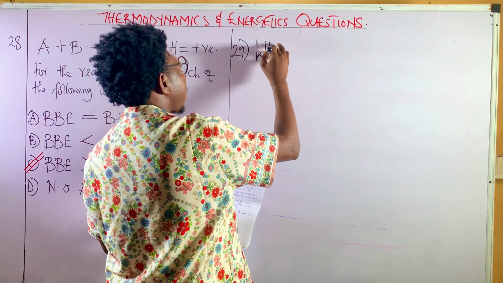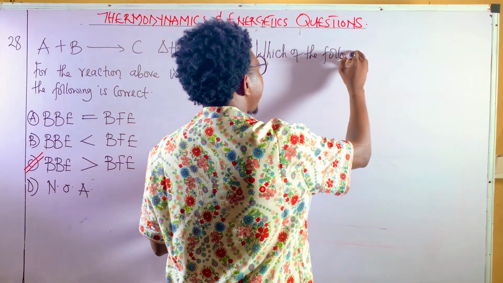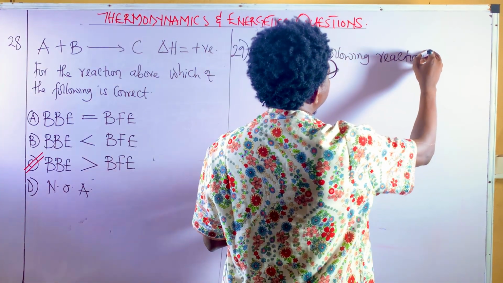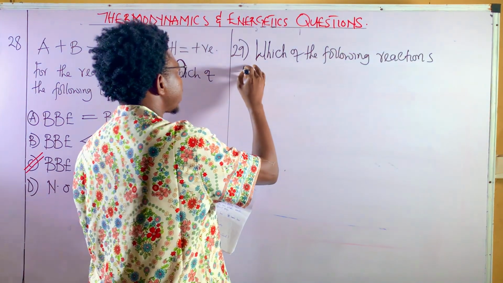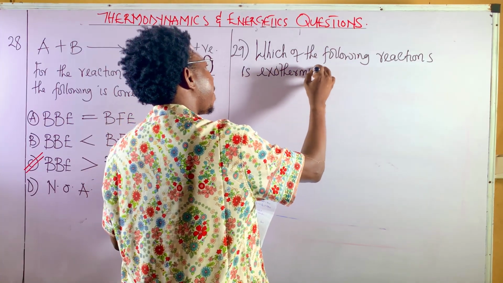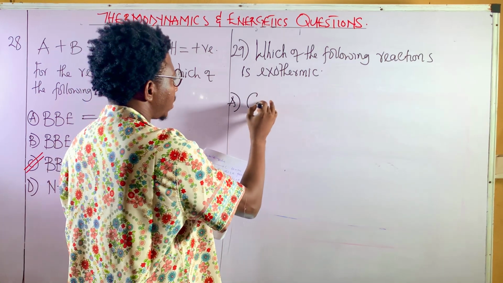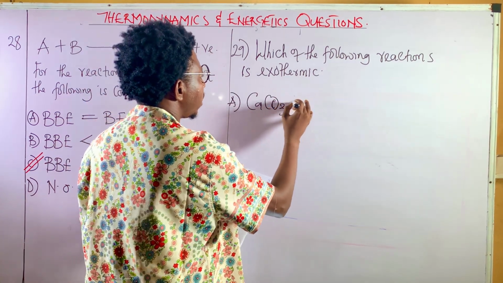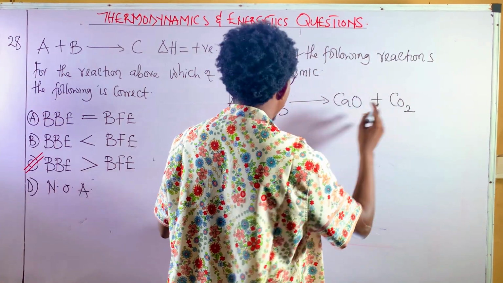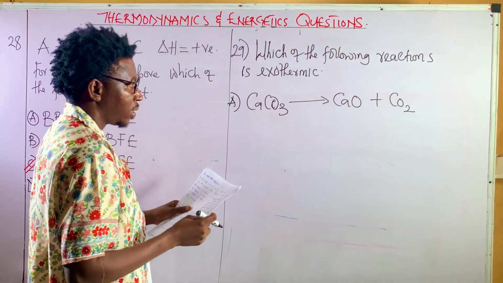Which of the following reactions is exothermic? Option A, CaCO3 to give CaO plus CO2. Calcium carbonate to give calcium oxide and liberate carbon dioxide.